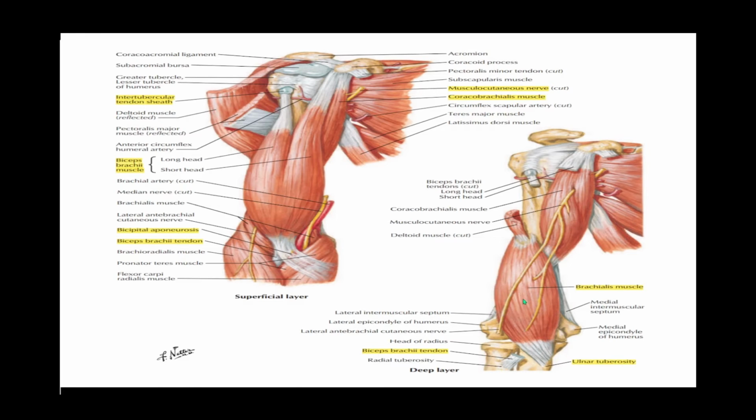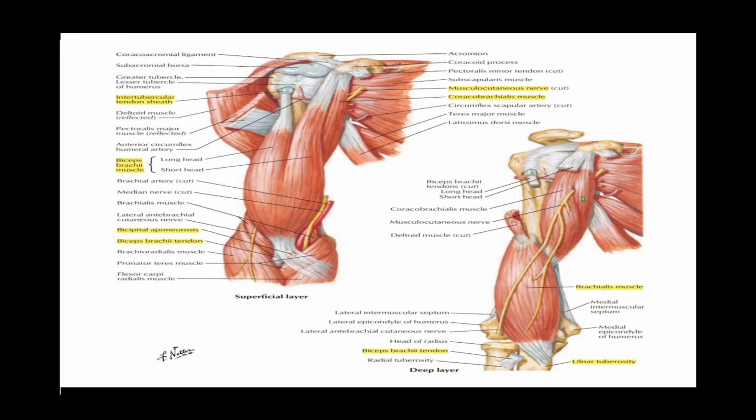We've got the brachialis muscle, origin quite extensive, the distal half of the anterior surface of the humerus, insertion ulnar tuberosity, action flexing of the forearm. Action of biceps, flexing of the forearm. Action of coracobrachialis, flexing of the arm, not the forearm.